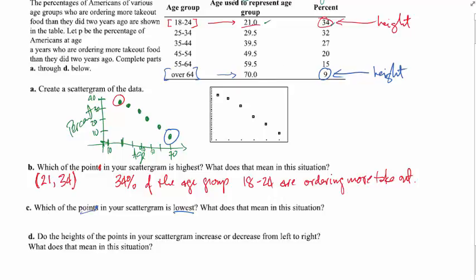The point is going to be (70.0, 9). That's the point that represents the lowest value, and the lowest value is 9%. So 9% of the age group over 64 are ordering more takeout.